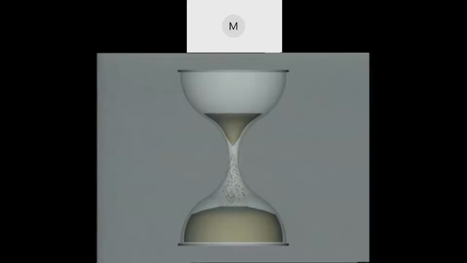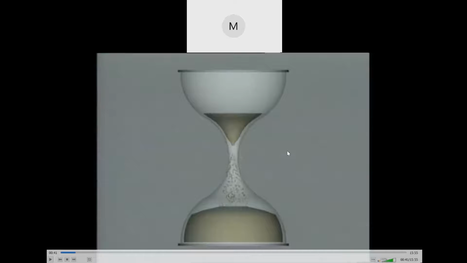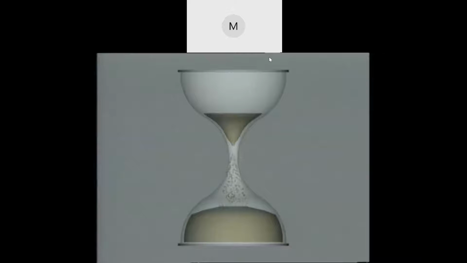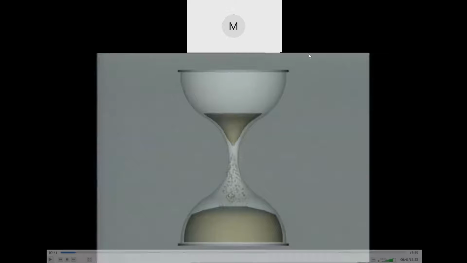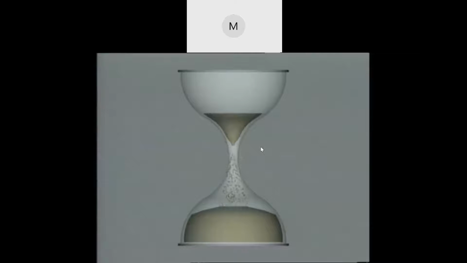Okay, I'll show it again. Can you see the screen? Can you all see the screen? Yes? Okay, that's great.